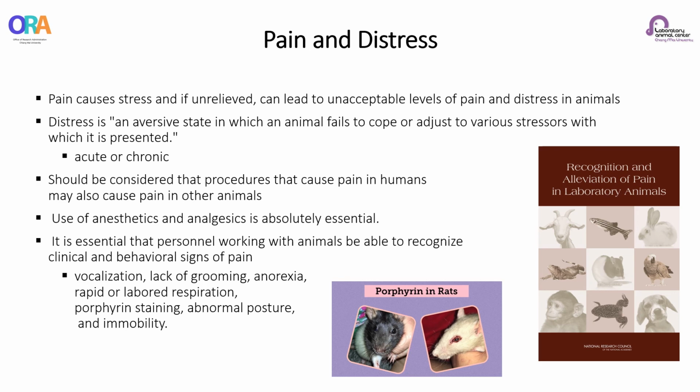Depending on the species, some of these signs include vocalization, lack of grooming, anorexia, rapid labored respiration, and porphyrin staining, a pink stain around the eyes and the nostril, which is abnormal.